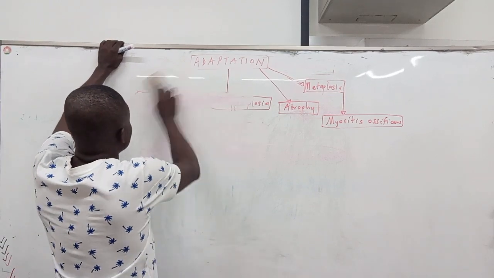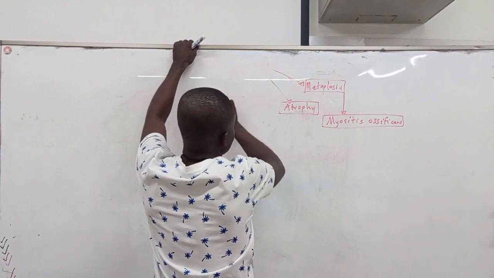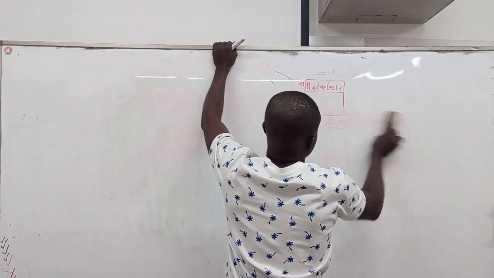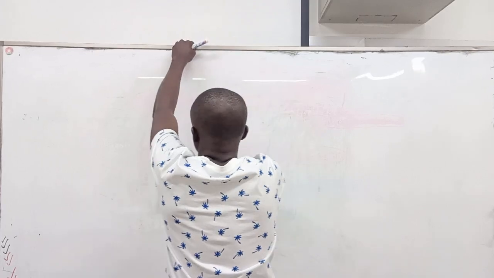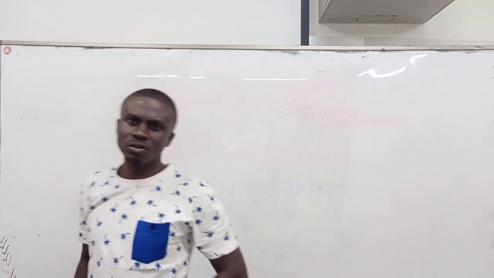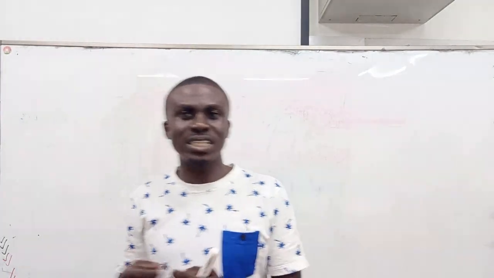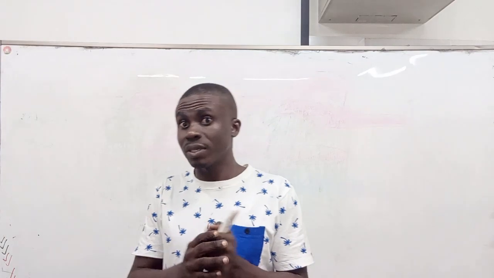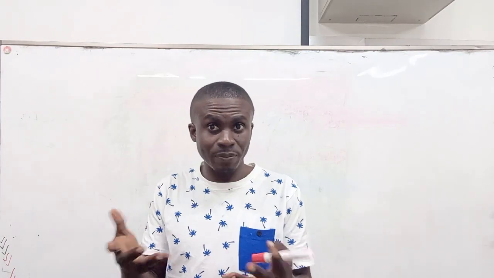Now, the next thing that you want to look at is that generally, there's one more concept I want to tell you. Generally, muscles are tied to bones, yes. Muscles via tendon are going to attach to bones for skeletal muscles.